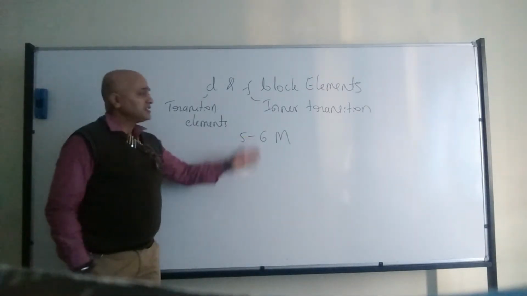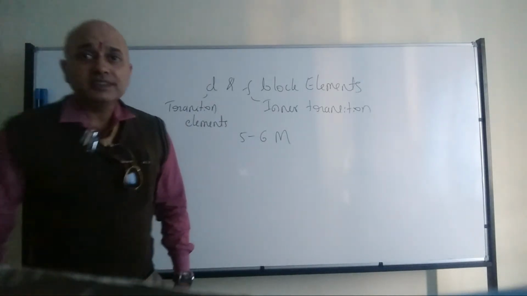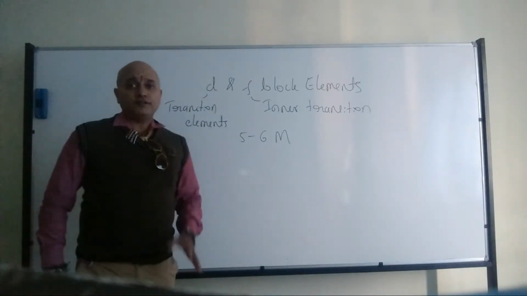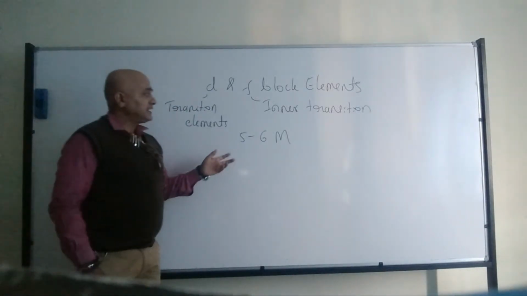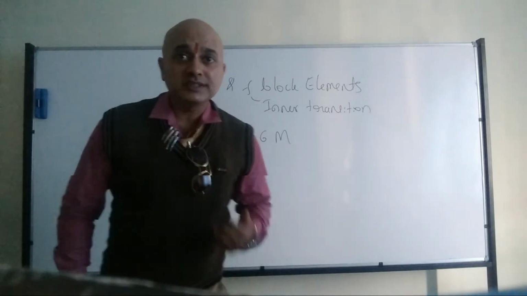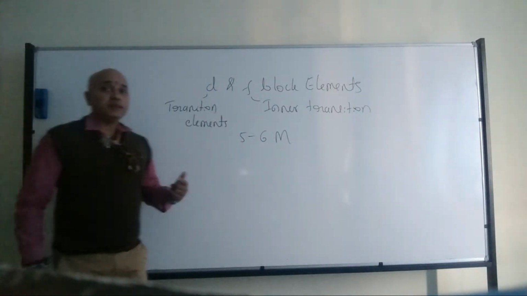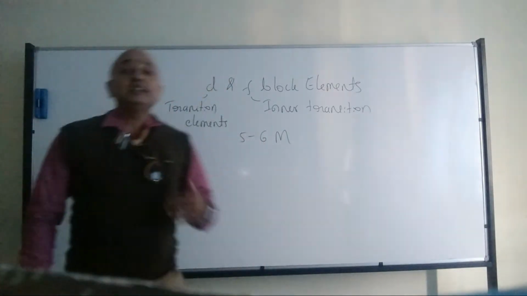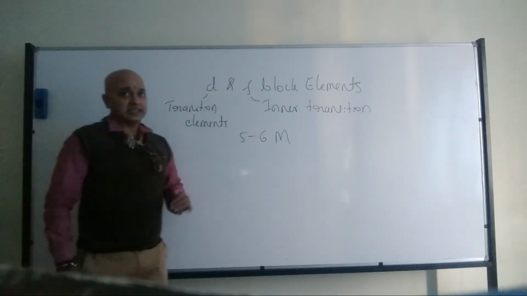In that, one will be a 3 marks question related to preparation of either potassium permanganate, KMnO4, or potassium dichromate. Anyway, we are going to study all those things in detail.